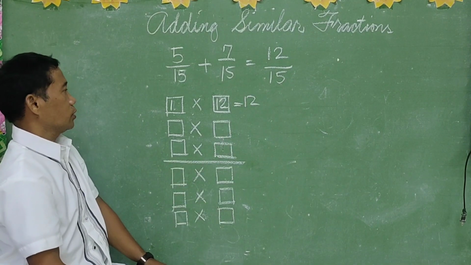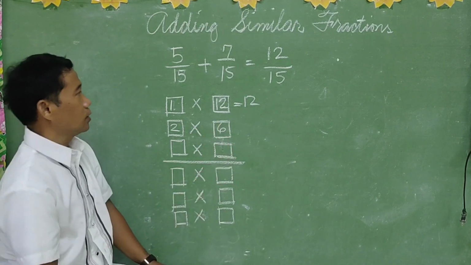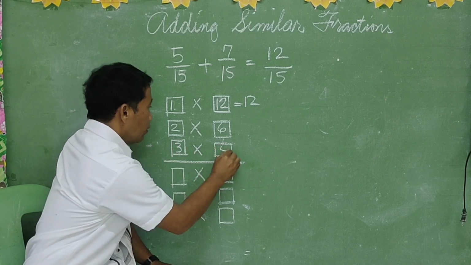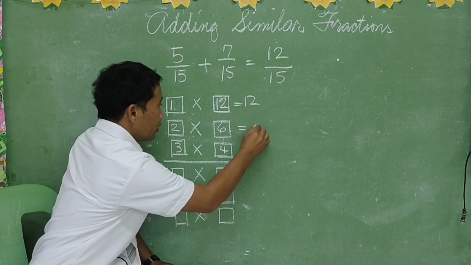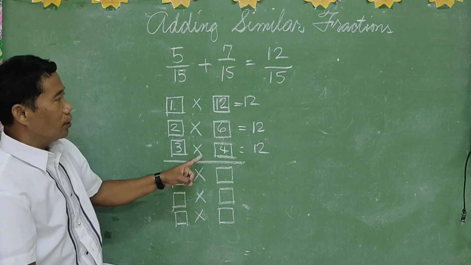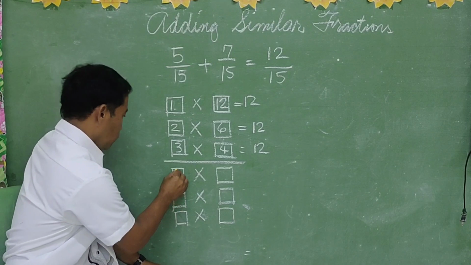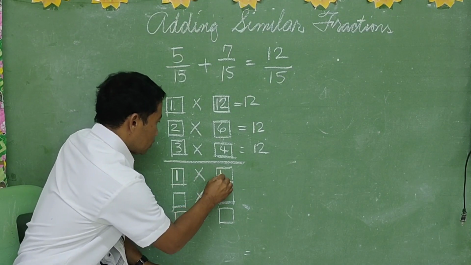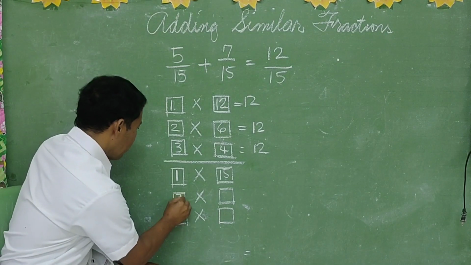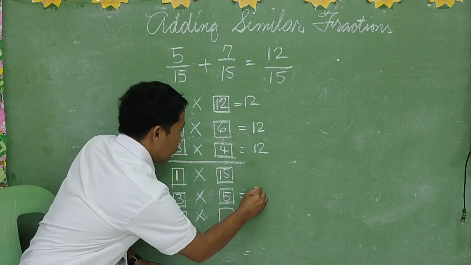Other factors, 2 times 6 and 3 times 4. How about this number here, 15? So always write 1 times 15 and 3 times 5 equals 15.